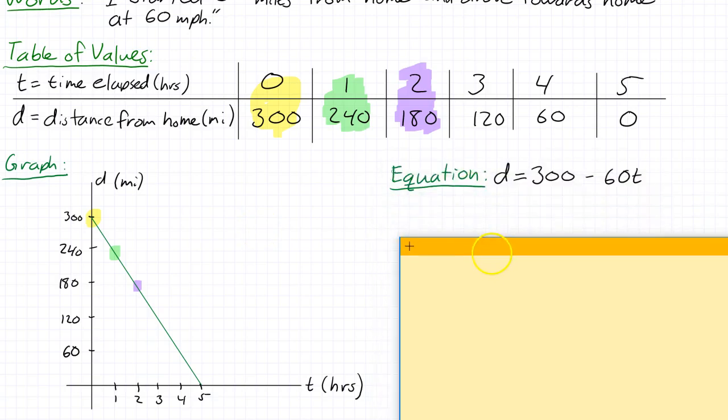There's also the way that you're probably most used to from algebra classes, an equation like this, where you just write down a sentence which describes the relationship between d and t. And this is the kind of equation and the kind of mathematical model we're going to be looking at in Chapter 1. It's an example of a linear model. And you've studied them before in beginning algebra, so we're going to move through it a little bit faster.